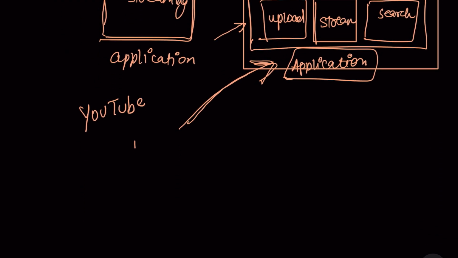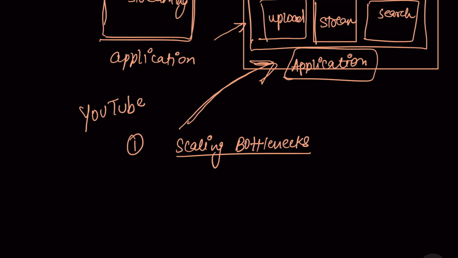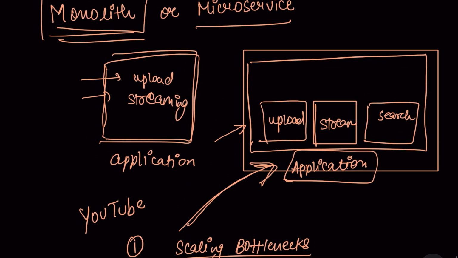The disadvantage, the first one, is going to be scaling bottlenecks. So as YouTube scales, a monolithic system could become a bottleneck because this monolithic system could not scale individual components independently, okay?